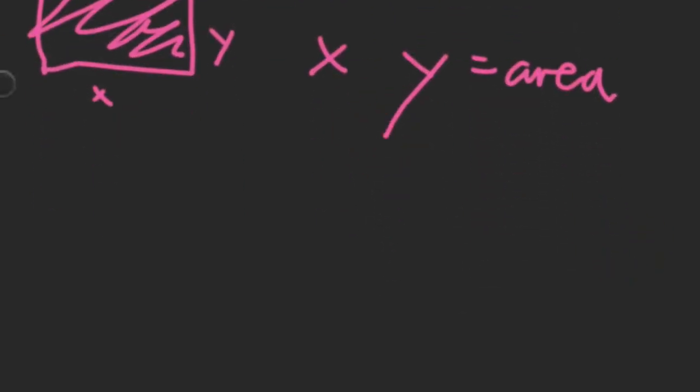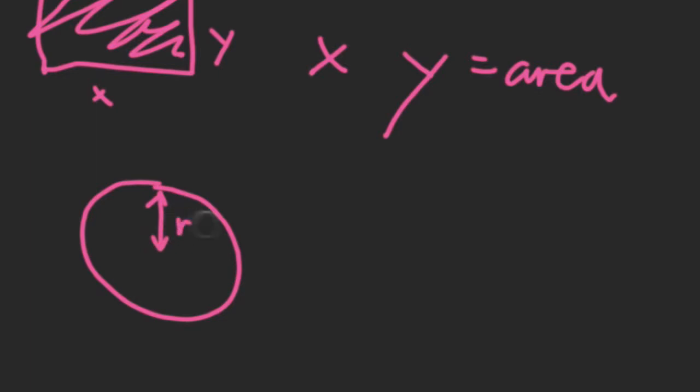Let's try a circle. We all know that this is the radius to the center, so the area is equal to pi times the radius times the radius. Pi r squared equals the area of that.